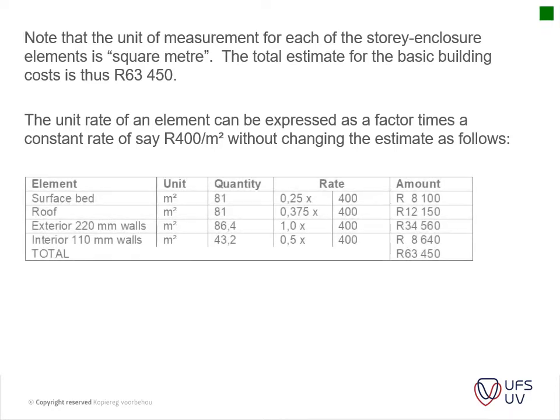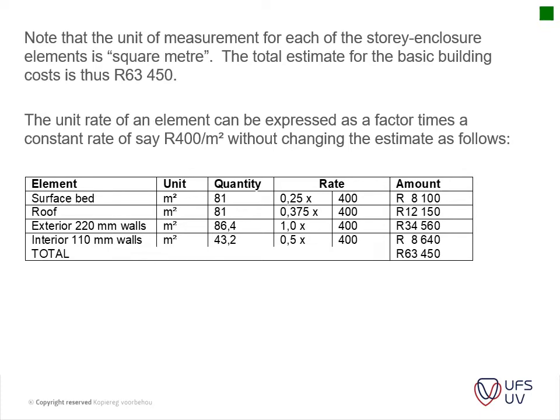So the 400 that they got was basically taking a factor. If the exterior walls has a factor of 1, and its given rate was 400, then one can calculate what the factors should be for the other elements to actually get to the rates that we need.